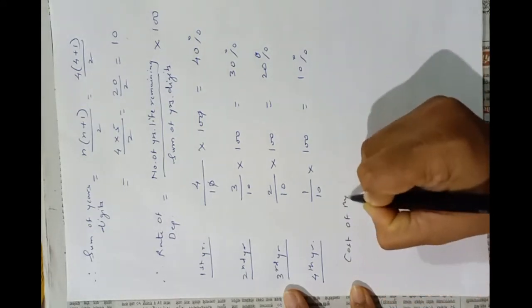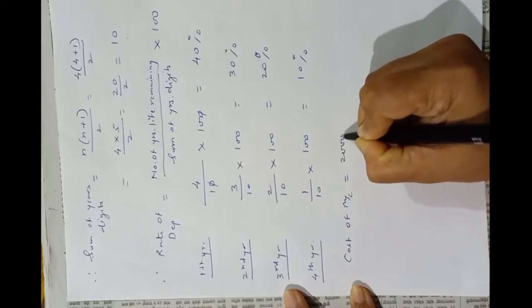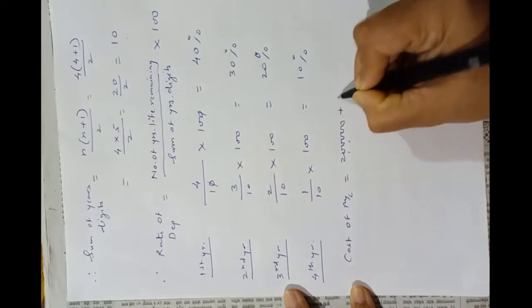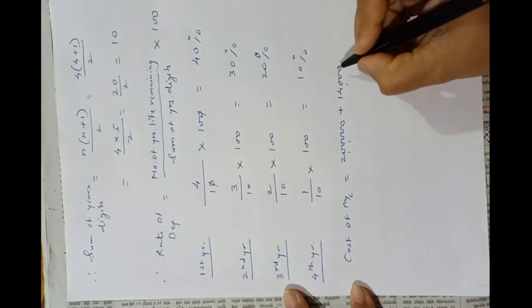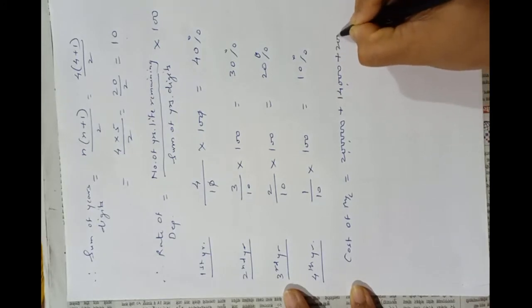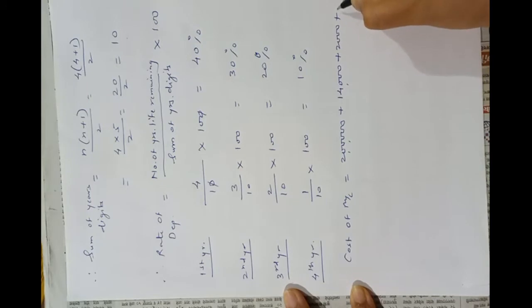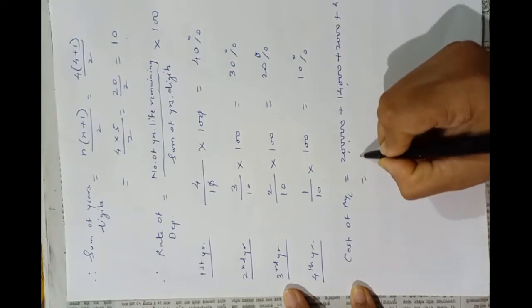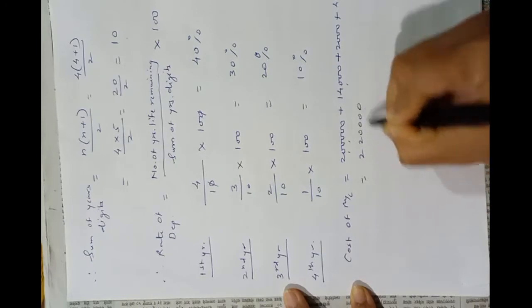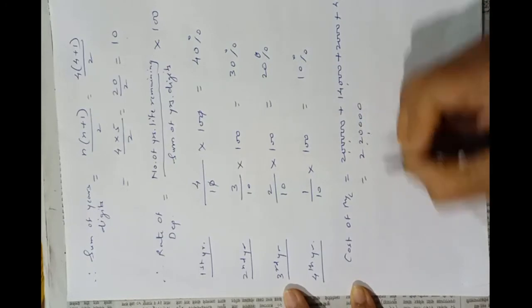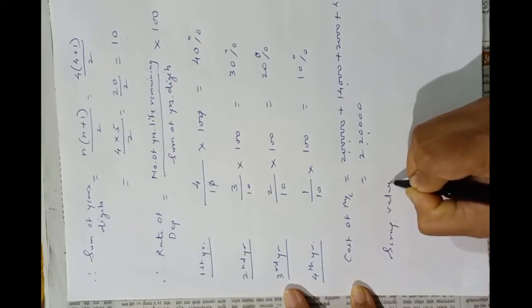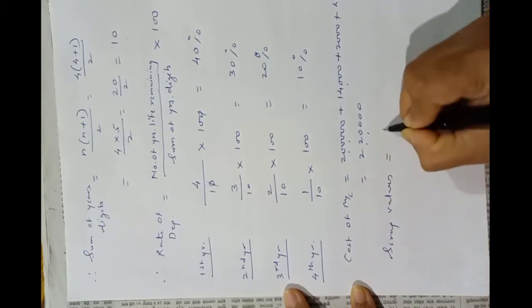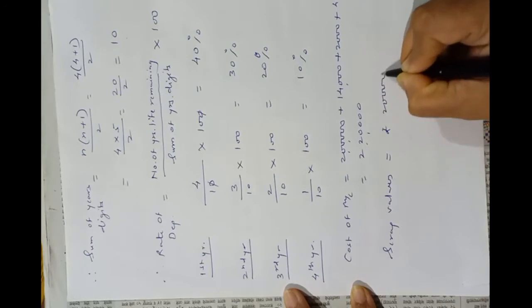Now they have purchased the machinery for rupees 2 lakhs. Cost of machinery is equal to 2 lakhs plus 14,000, that is freight and insurance, plus 2,000 carriage inward, plus 4,000 installation charges. So total cost of machinery is 2,20,000. And scrap value given in the problem, scrap value after the estimated life is rupees 20,000.